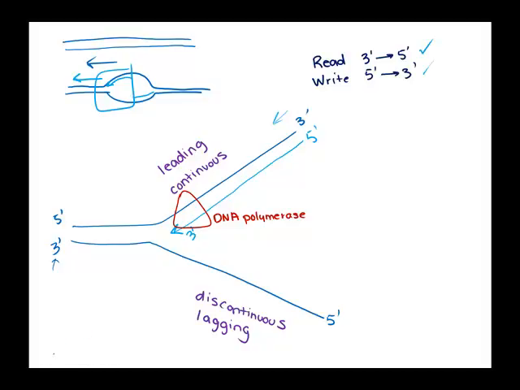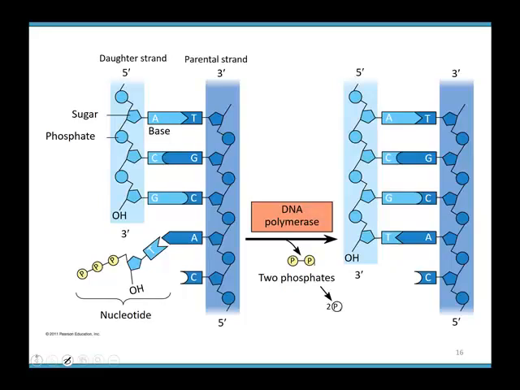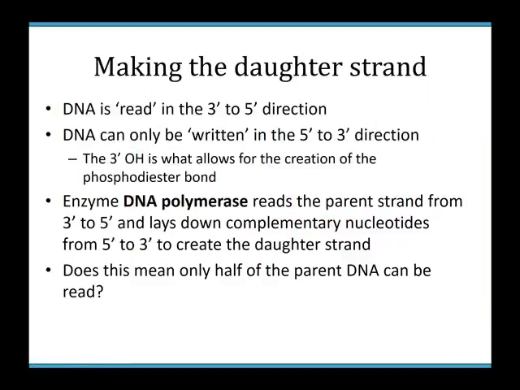So if I go back a few slides, all that gobbledygook on the text should hopefully make a little more sense. Okay, DNA is read only in the 3' to 5' direction, and it can only be written 5' to 3'. And as we'll see in a moment, there's a reason for that. It's because of the 3' OH, the 3' hydroxyl, is what allows us to create the phosphodiester bond in the backbone of DNA.